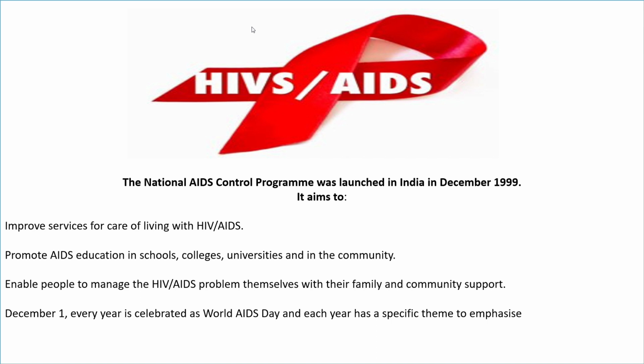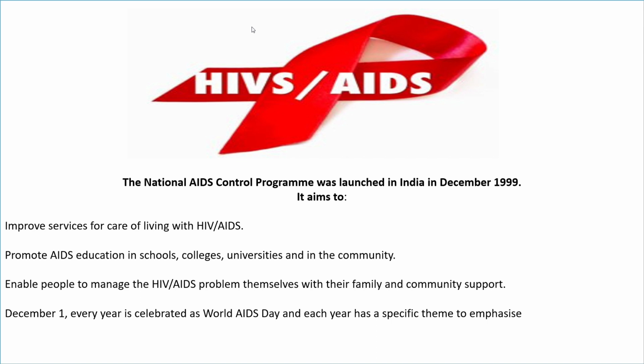All right. Promote AIDS education in schools, colleges, universities, and in the community. Now you see, we have to tell people how AIDS is transmitted. In school, we have to organize different types of programs, seminars, conferences, workshops. In colleges, we can do the same.